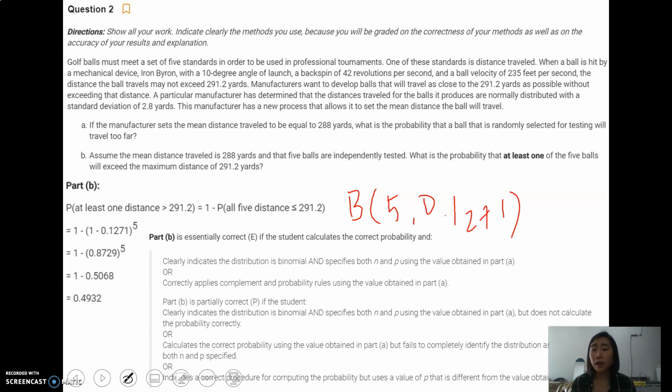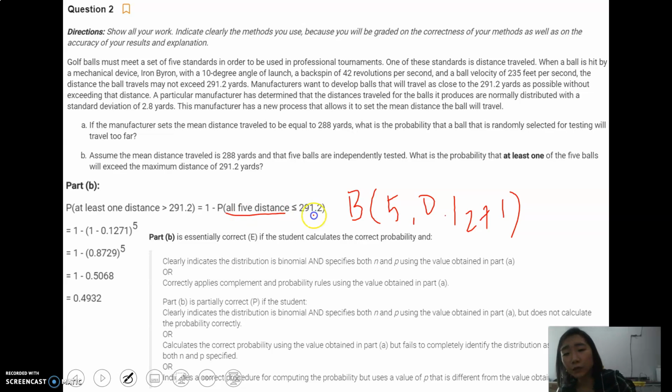And so some of the mistakes I saw was understanding "at least one," right? Some of you just found that at least one distance is greater than 291.2 and then you found that was your answer, when in fact you should have done 1 minus P of all 5 distances less than 291.2.